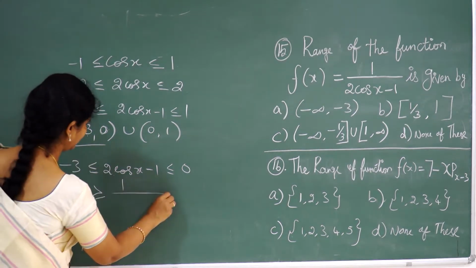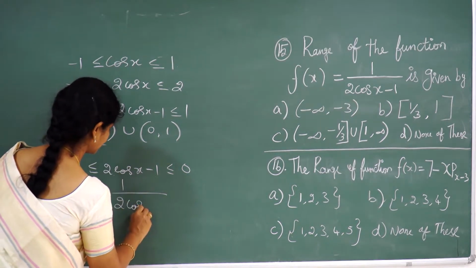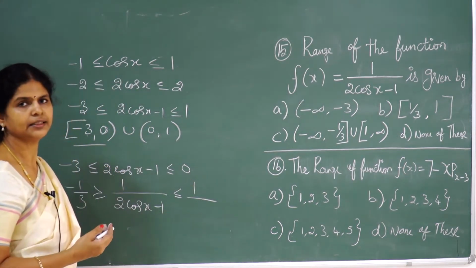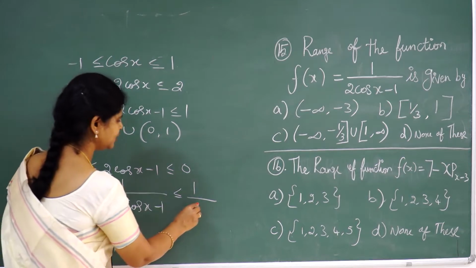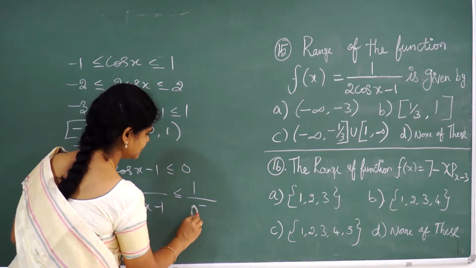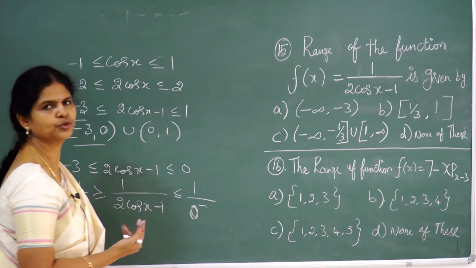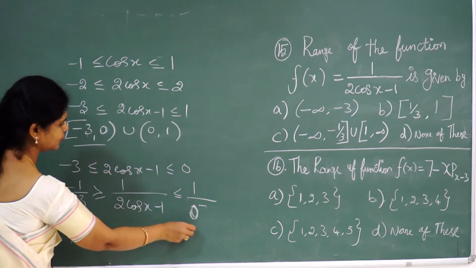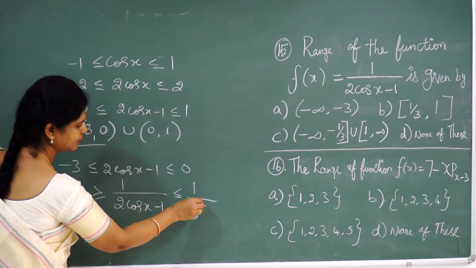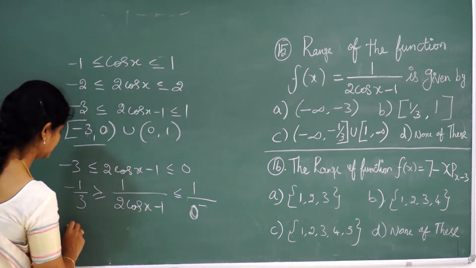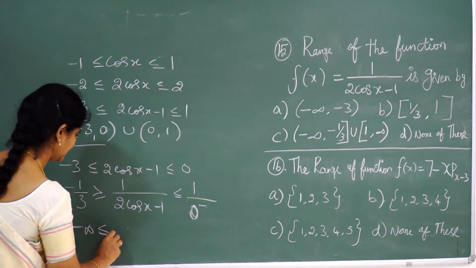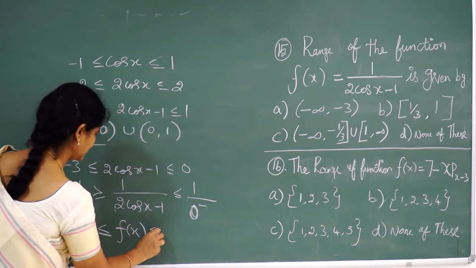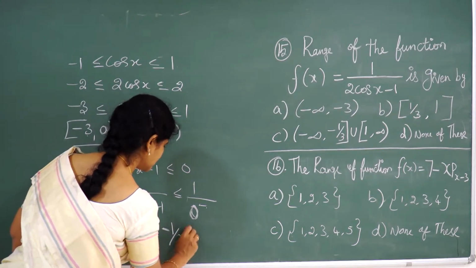So 1 by 2 cos x minus 1 is less than or equal to, the 0 is the left hand side limit, 0 minus, the negative portion of 0. So this is 0 minus, which is nothing but 1 by 0 minus, that is minus infinity. So it is minus infinity less than this original function f of x, less than or equal to minus 1 by 3. So this is one part.